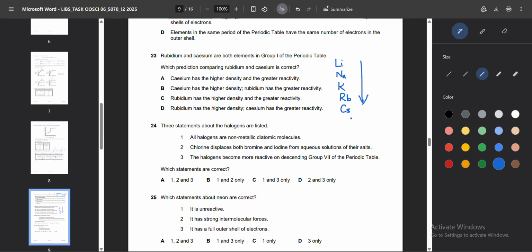When you move down the group in alkali metals, the size increases, and because of this increase in size, the density also increases, as well as the reactivity. So option A is the correct one, that cesium has higher density and higher reactivity.